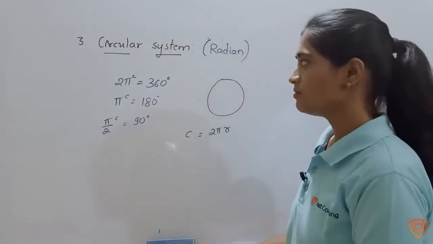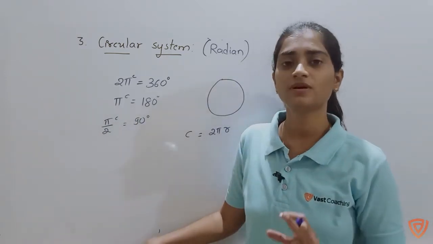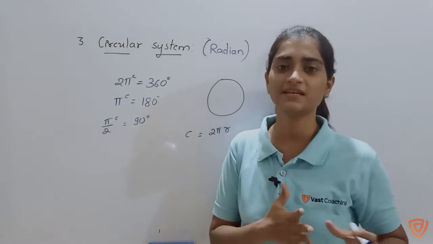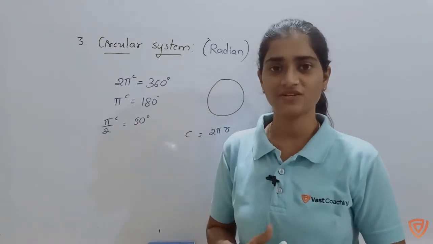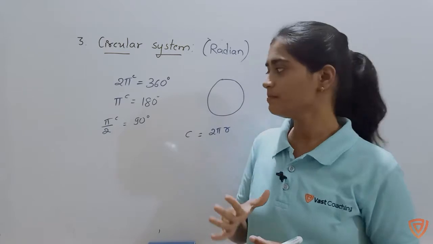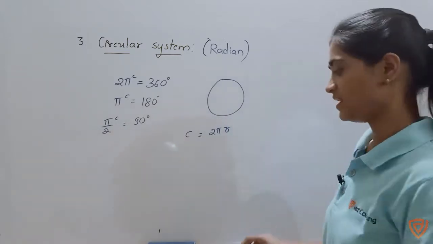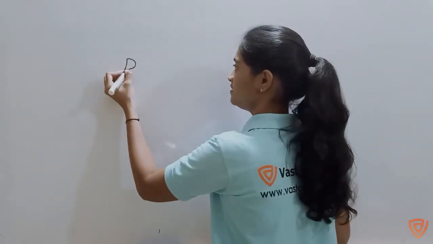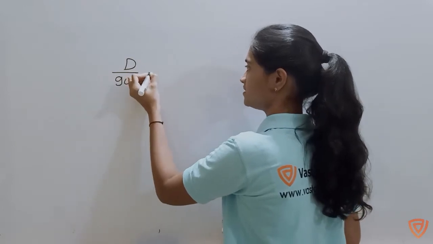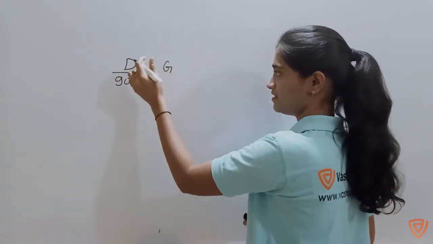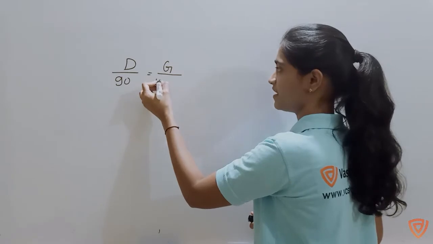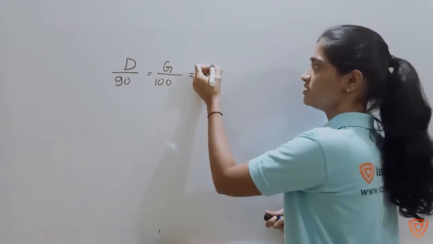So what's the relation to connect these three systems? The relation is D divided by 90, which is equal to G, the gradian, divided by 100, which is equal to the circular system.